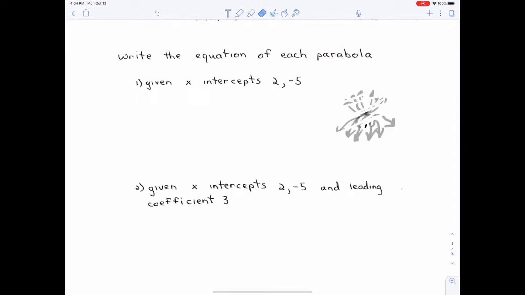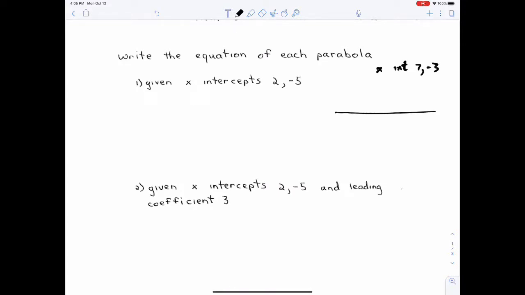Well, the same thing is true for knowing the x-intercepts. Let's say this is the x-axis. I'm not going to bother drawing the x-axis. And let's say the x-intercepts, and I'm just making this up, are 7 and negative 3.